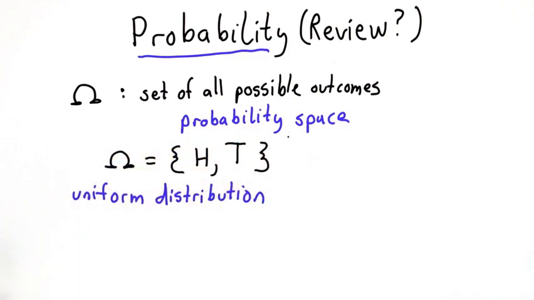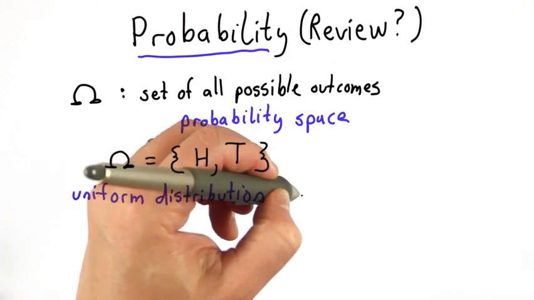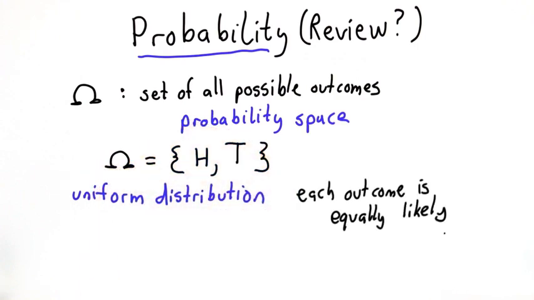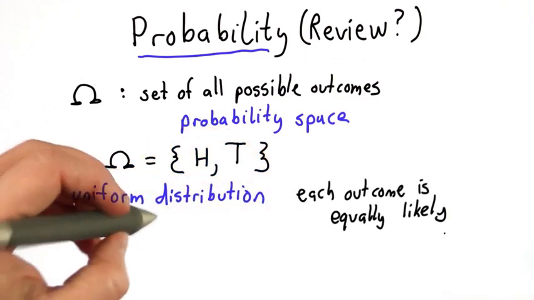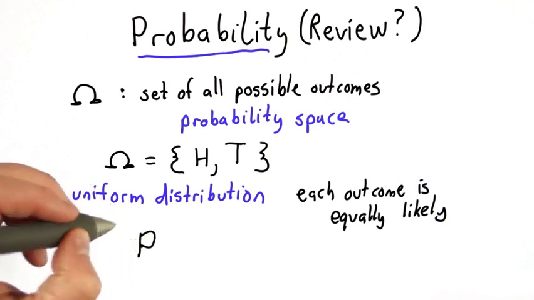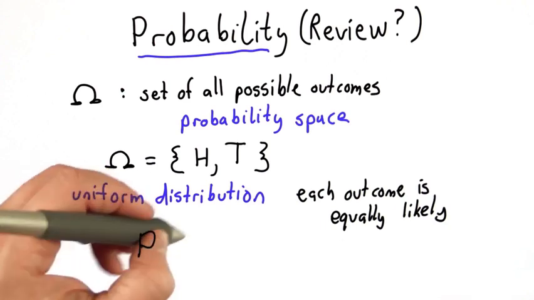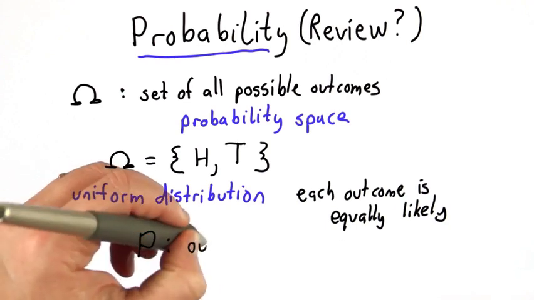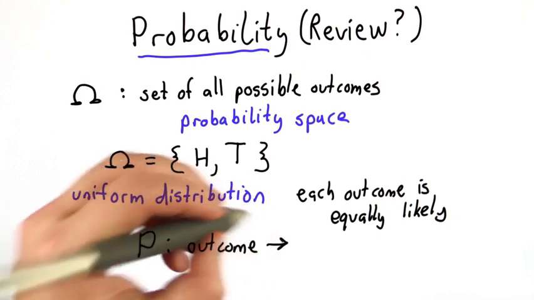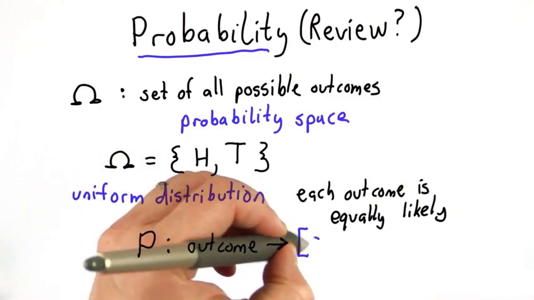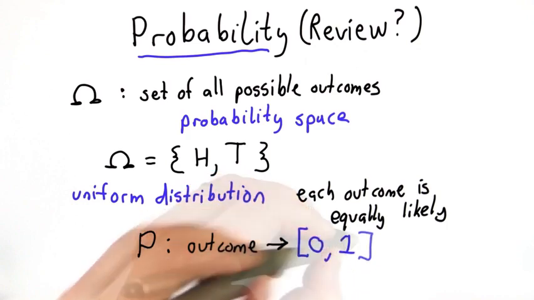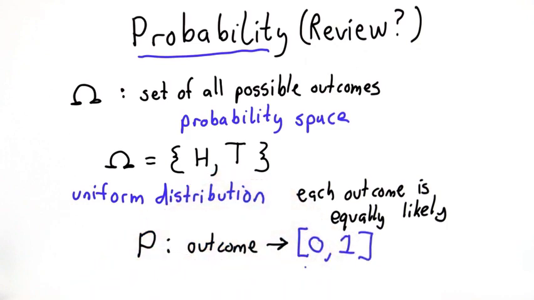If our probability space has a uniform distribution, that means each outcome has equal probability. And we can write that as a probability using P as our probability function. So P is a function that takes as its input some outcome, and it maps that to a real number between 0 and 1. 0 would mean that event never happens. 1 would mean that event always happens.